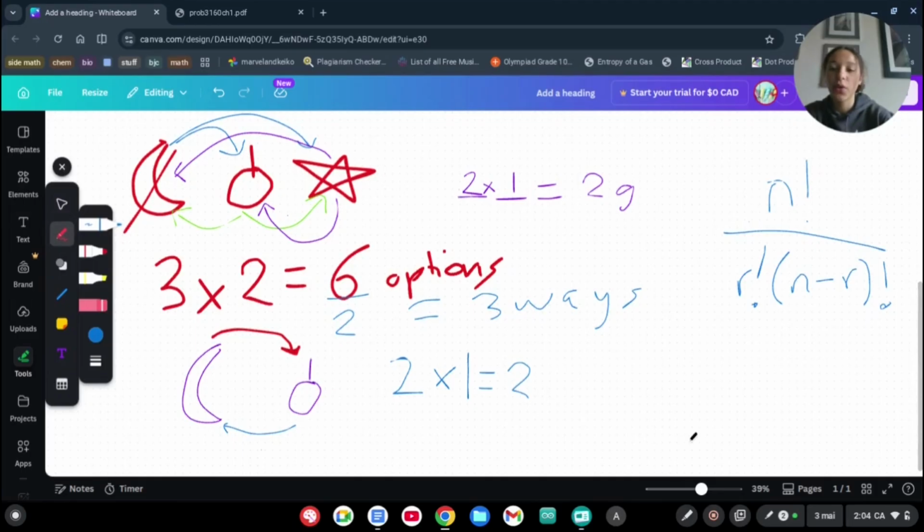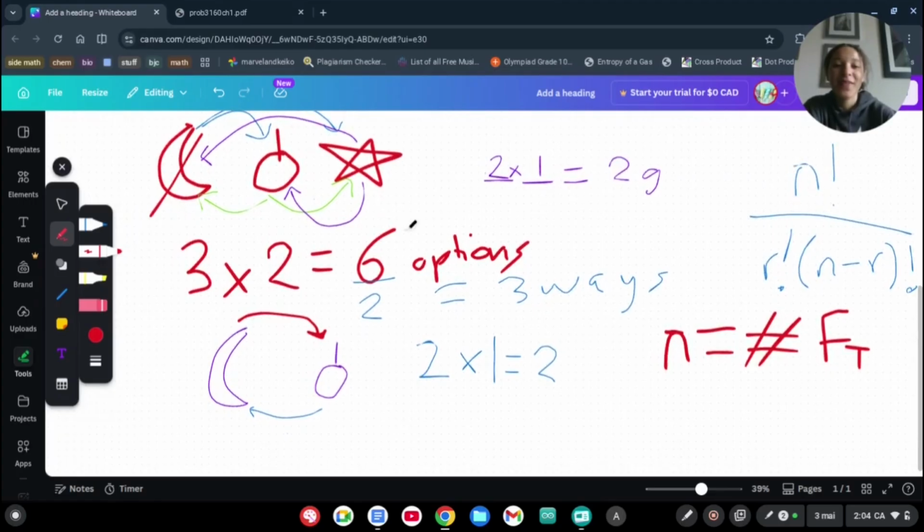Here n is the total number of fruit you're dealing with, and r equals group size.